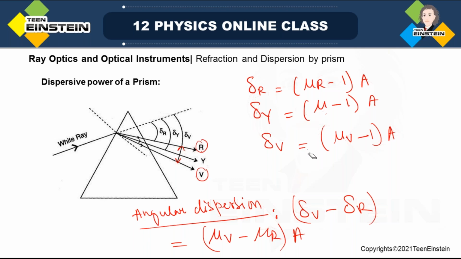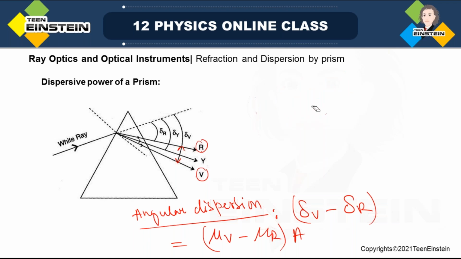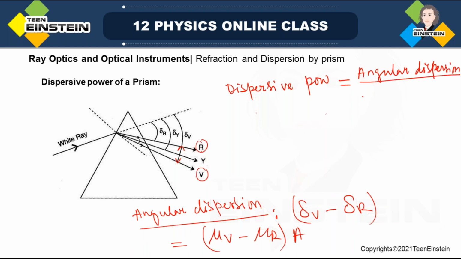All right. We have got angular dispersion. Now we'll write the definition of dispersive power. It is defined as the ratio of angular dispersion to the mean deviation.